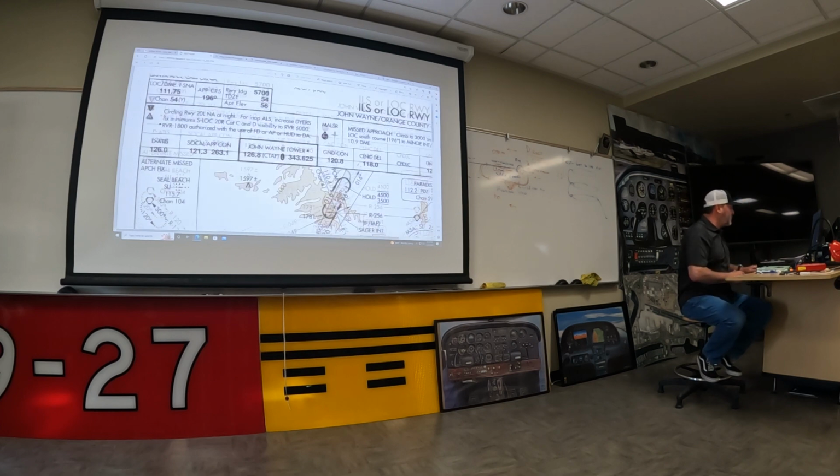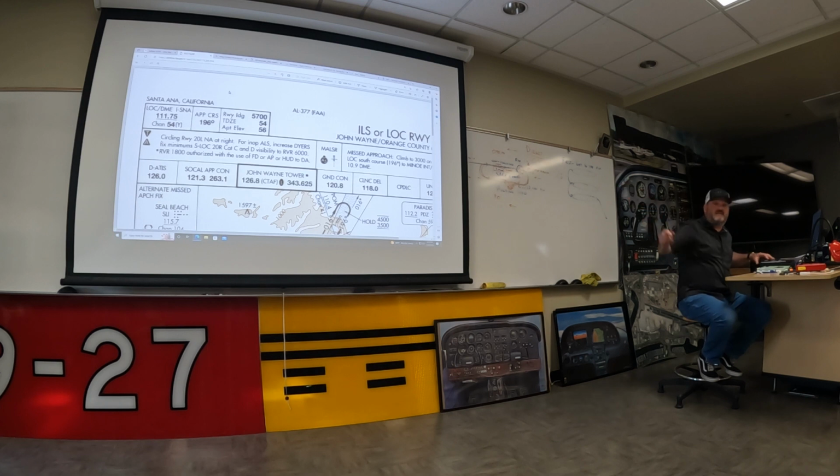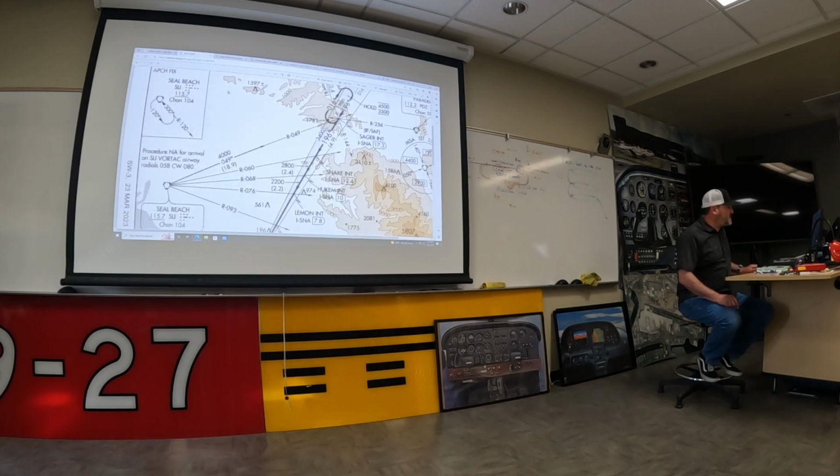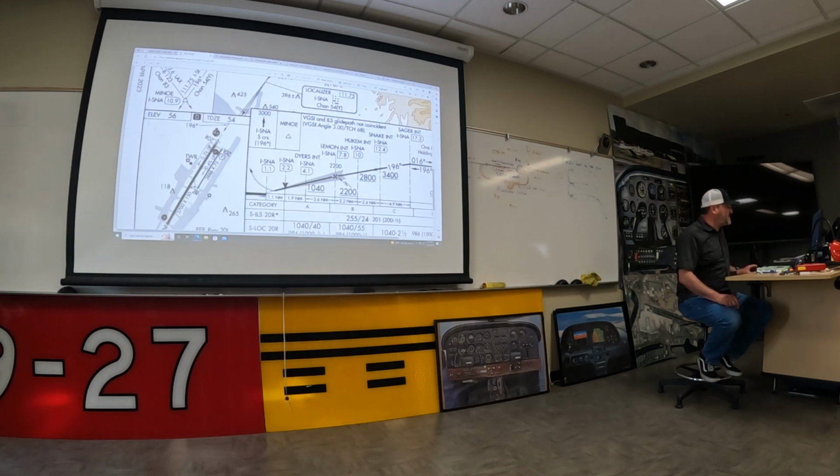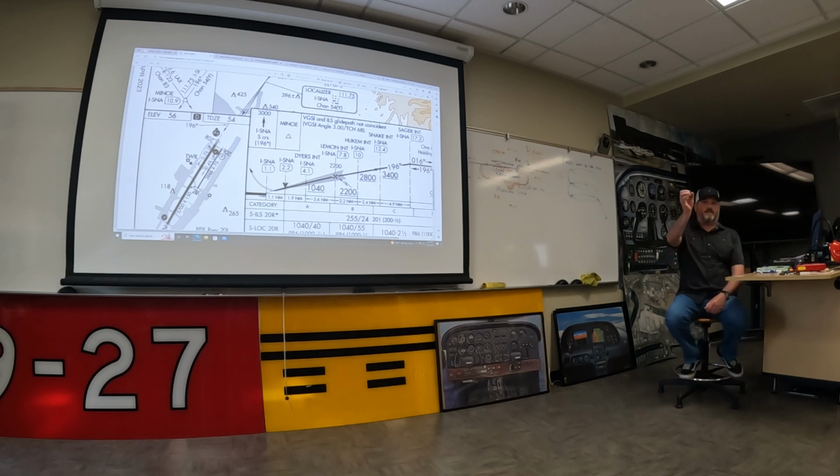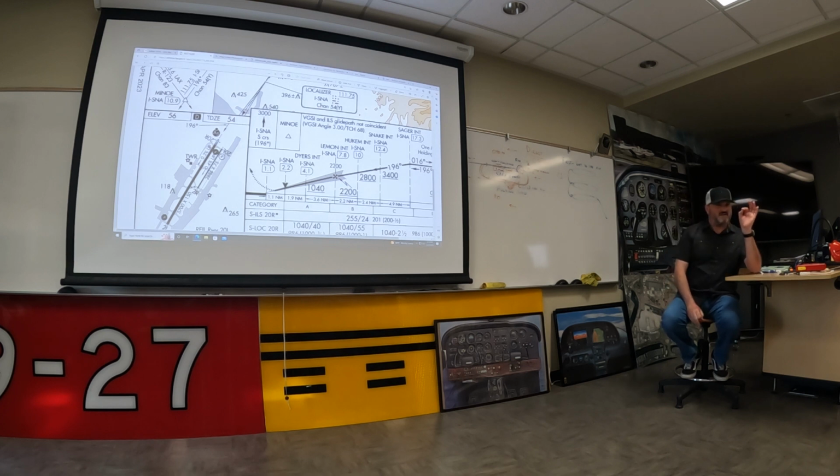The final approach course is found on a heading of 196. There's no turns inside the final approach fix. The Maltese cross would be utilized in this case if it's the non-precision approach, the localizer.